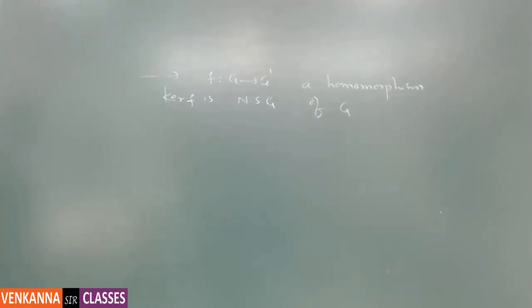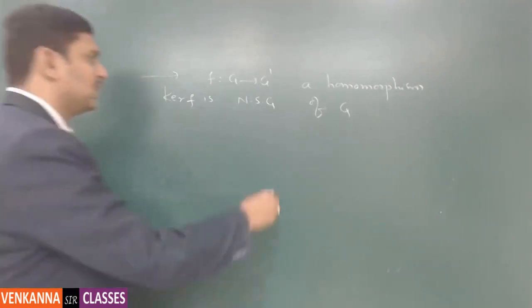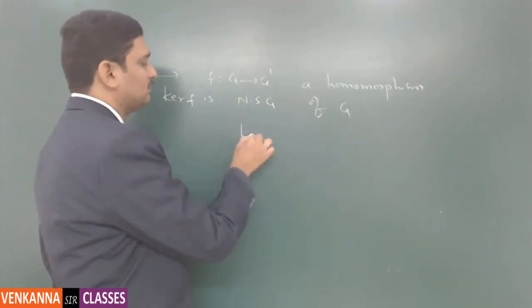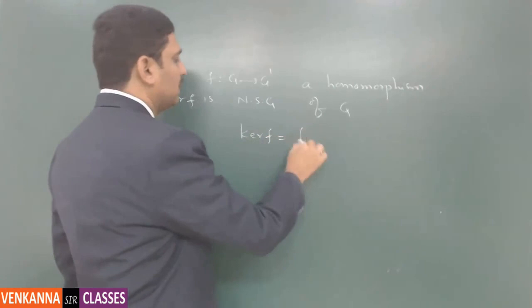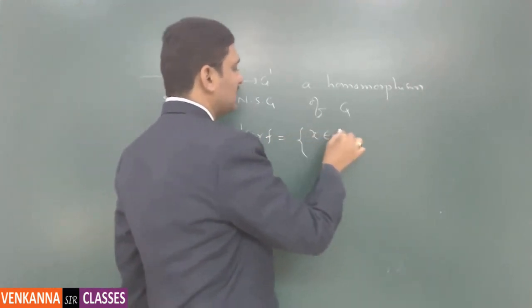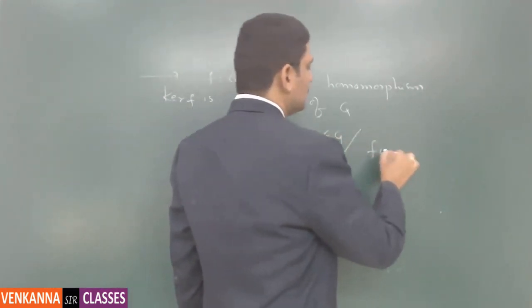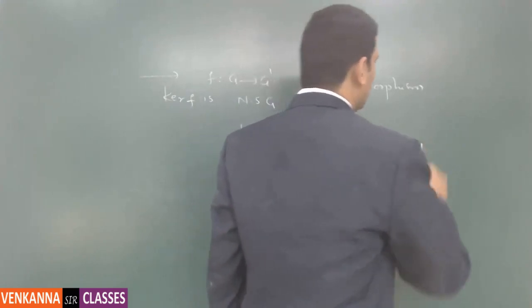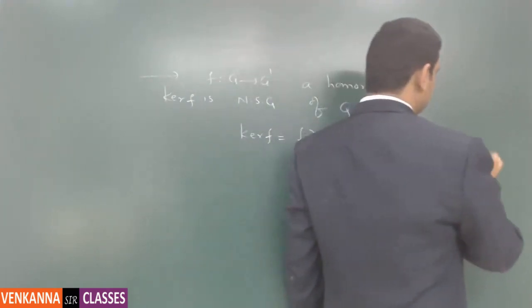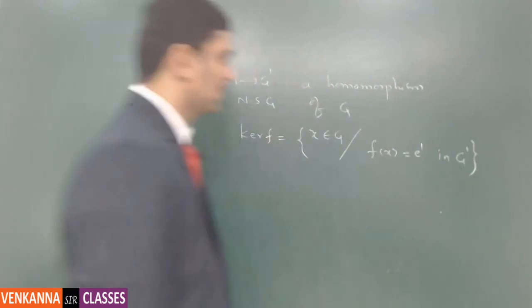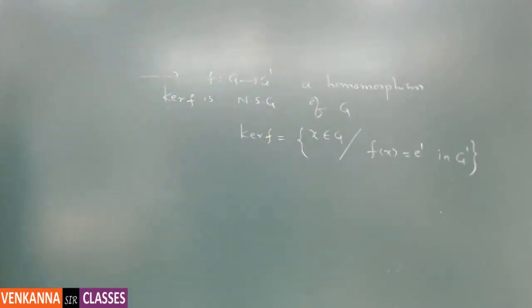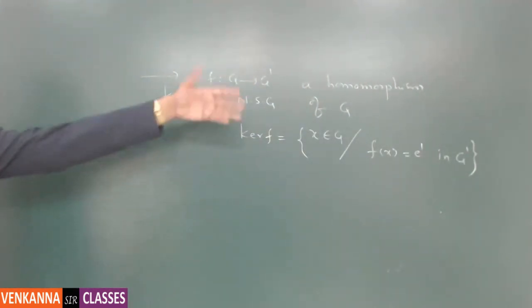Now how to prove this? First of all, I will read the definition of the kernel. It is defined as the set of all x belongs to G such that f of x is equal to the identity in the codomain. So while proving the result, you know the hierarchy.